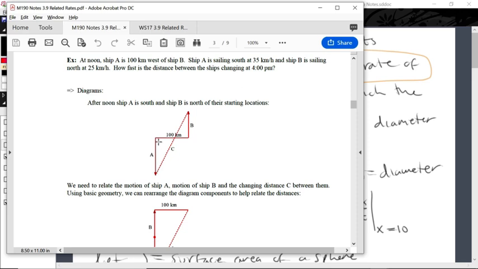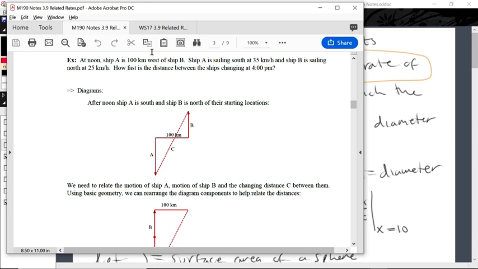And ship B is sailing north, and they're moving at constant uniform rates of 35 kilometers per hour and 25 kilometers per hour. So we know how far they have each traveled by 4 p.m. We could multiply each of their uniform rates by 4 and find the actual distance they have traveled, right?